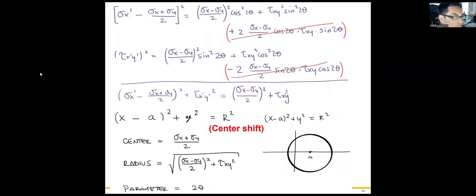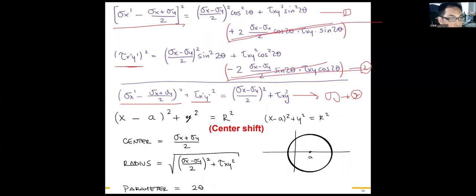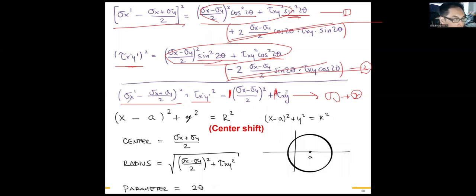Then we can plug in these two equations, 1 plus the second equation, and these two terms can be eliminated, and only this term plus this term remains. And the cosine square plus sine square equals 1, the same thing here. Is that clear? So we can get this equation.